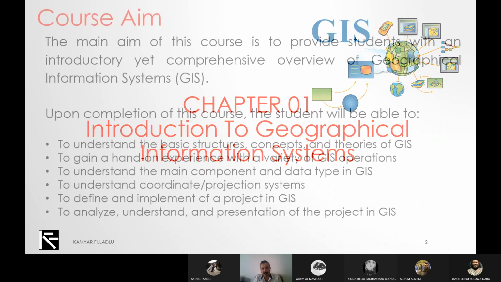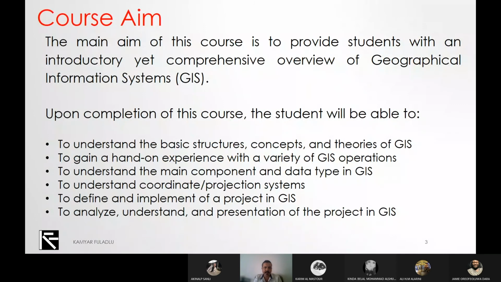Very briefly, the main aim of this course is that we will try to provide an overview, in a comprehensive way, of geographical information systems, GIS.